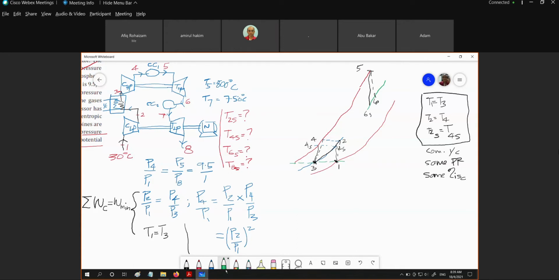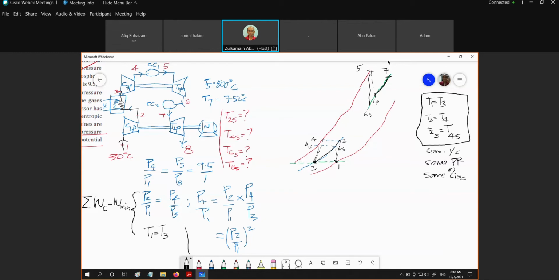And then we are going to have reheat in the second combustion chamber, and the temperature is not the same as the T5, a bit lower. So let's say this is the temperature. So the beginning of the heat supply in combustion chamber number 2 is from 6 up to 7. So this is our state 7.